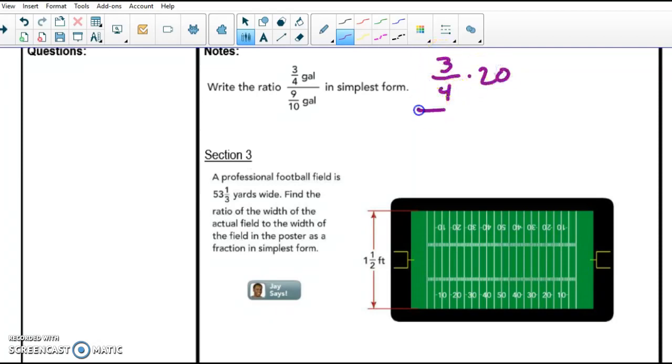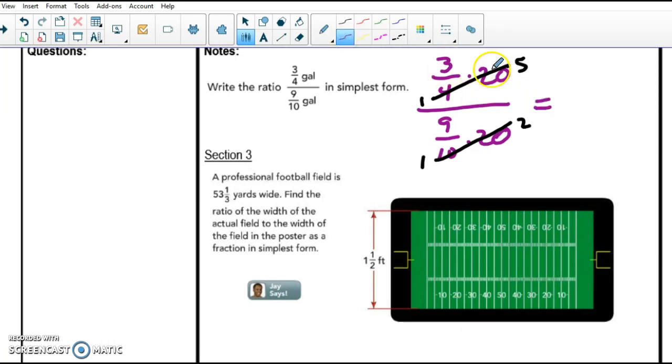So I'm going to do 3/4 times 20 over 9/10 times 20. And now I can cross cancel. 4 divided by 4 is 1. 20 divided by 4 is 5. And in my denominator, 10 divided by 10 is 1. 20 divided by 10 is 2.